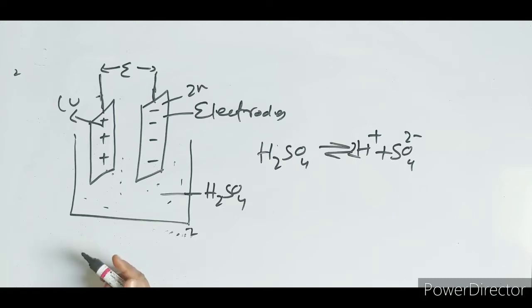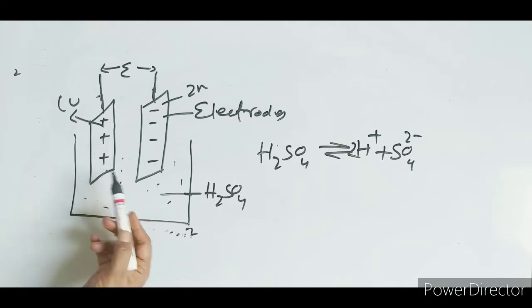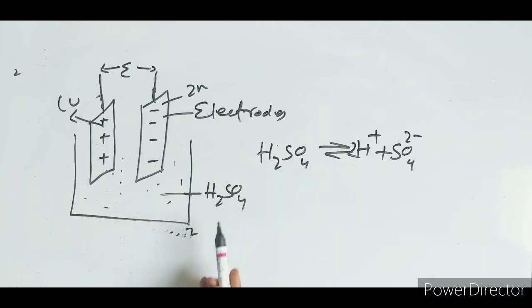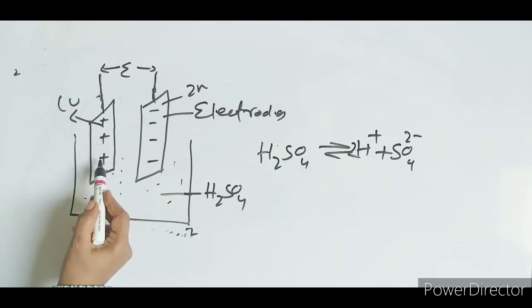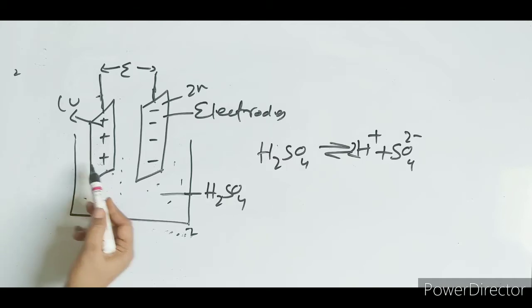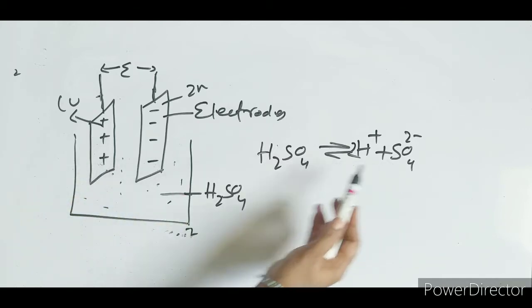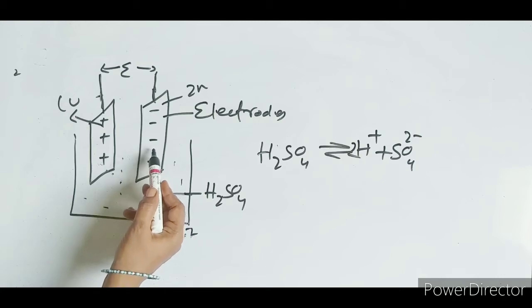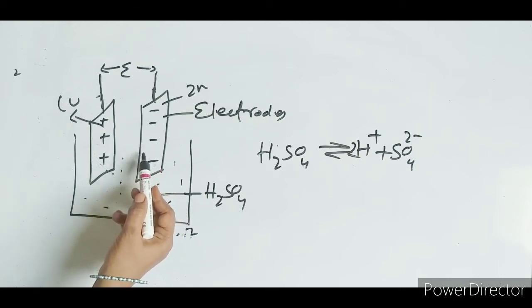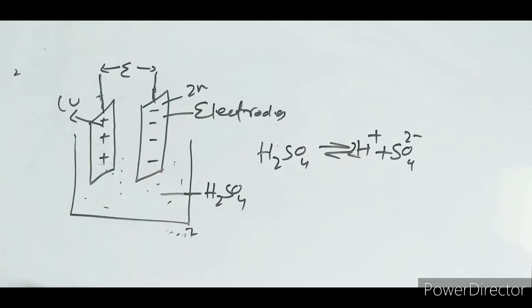Again, the positive charges are driven towards the copper plate, making it positive, and the negative SO4 is driven towards the zinc electrode, so zinc becomes negative.